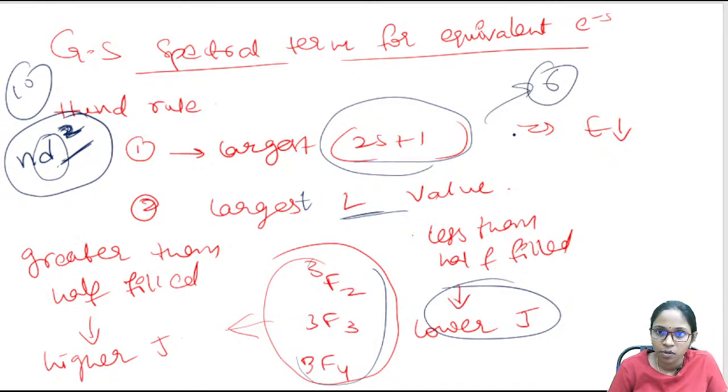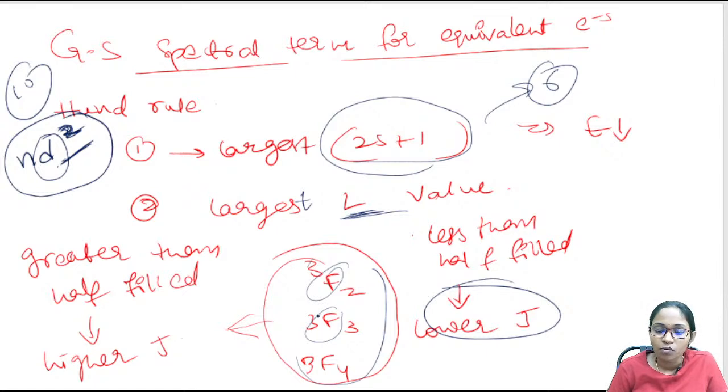Out of these 6 terms you have to eliminate a few terms, right? So you have to go for the largest L value. The largest L value is F, right? So here again we have 3 more terms. Out of these you have to find out the ground state spectral term.